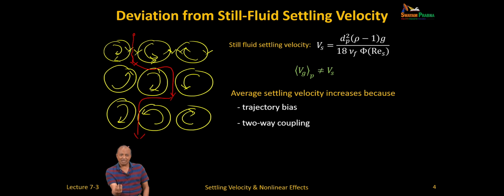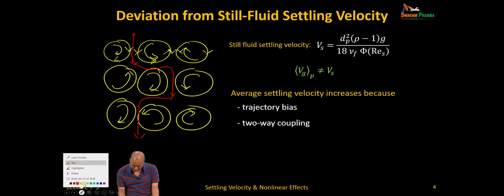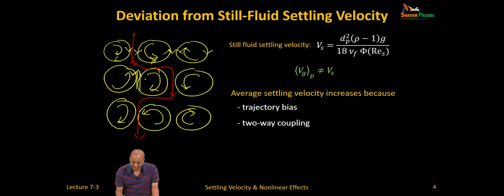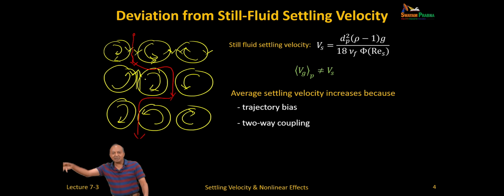But imagine you have a ping pong ball and you are putting it in an updraft, it's not going to stay there, it wants to go to the side. And that's exactly what happens here. The fluid is saying go up, and the particle escapes that, bypasses, and then wants to go down. So this is called fast tracking or trajectory bias, and that happens.